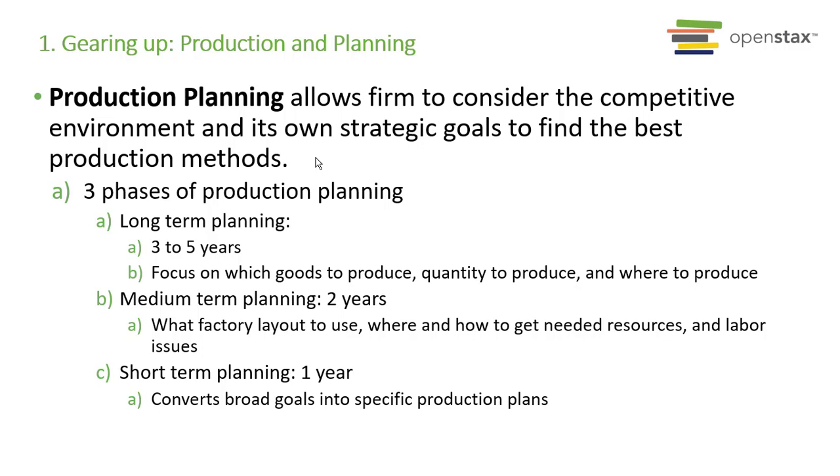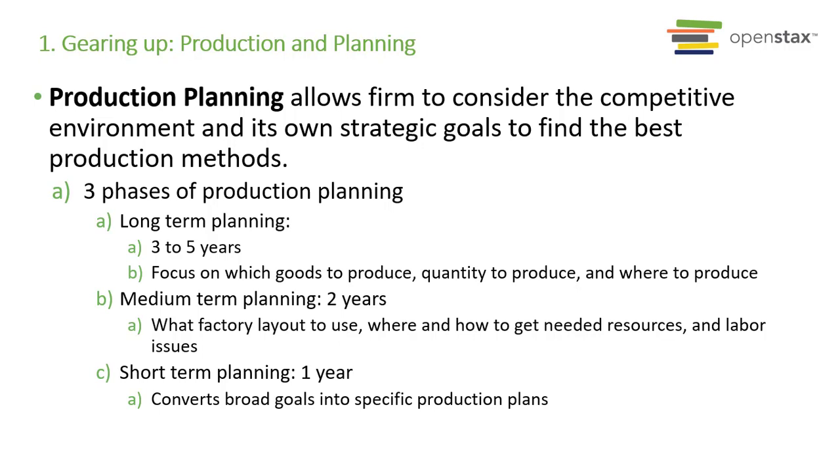So long-term planning in terms of production, facilities, layout, etc. Focusing on which goods to produce, the quantity to produce. These are examples I gave you. Medium term, what factory layout to use, where and how to get needed resources and labor issues. So this is where the layout, in fact, is going to be maybe modified. I'll talk more later on about the U-shaped layout.